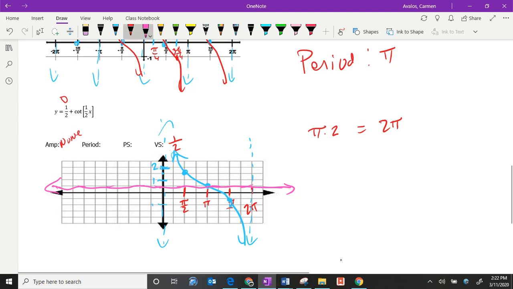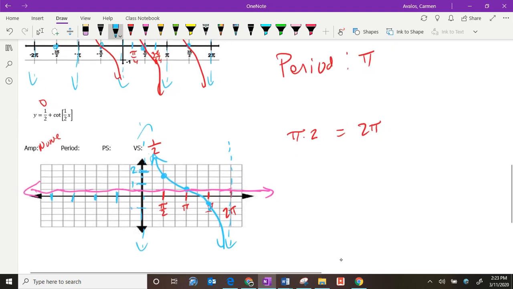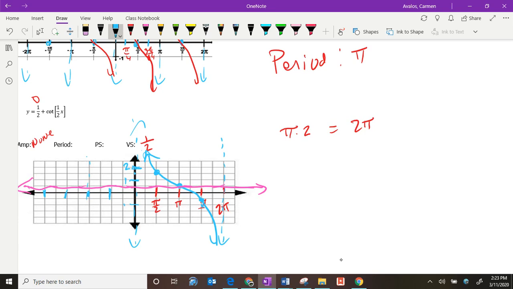And so then you could do the same thing on the other side, and then you'll be graphing it over 2 periods. So if we look, and so we have the asymptotes.